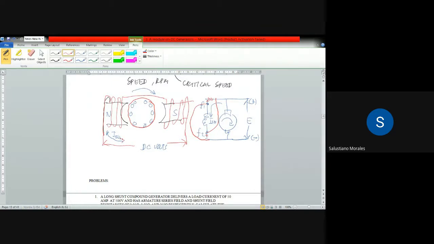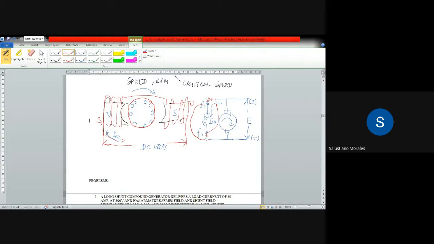so kung mag-reverse siya, the polarity that is produced by the field winding should be also reversed. Okay, so the initial direction should be south here and north at the right side. So what will happen is it will cancel out with the flux produced by the magnetic particles.